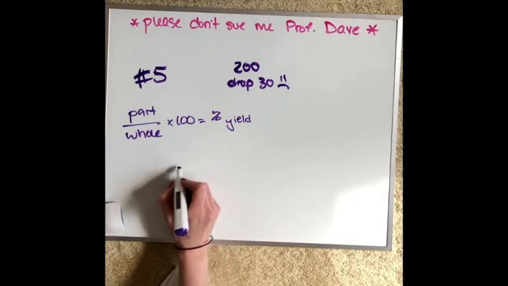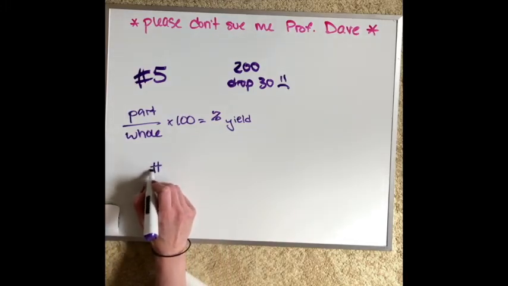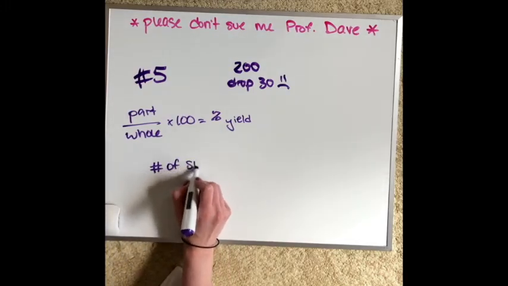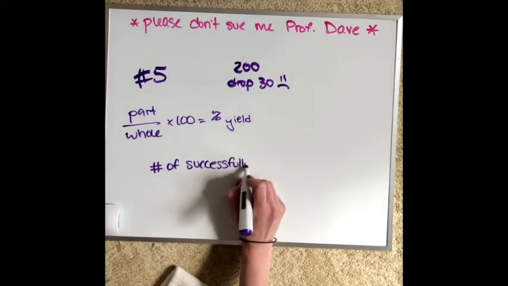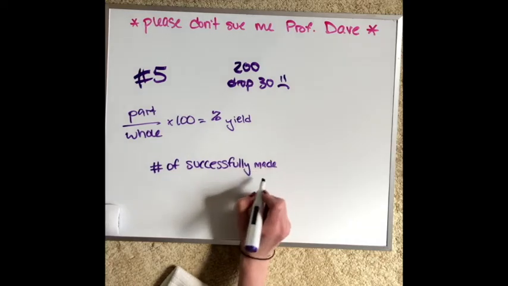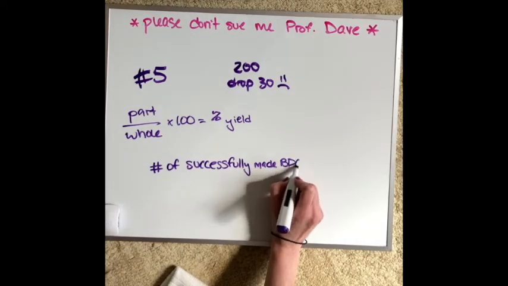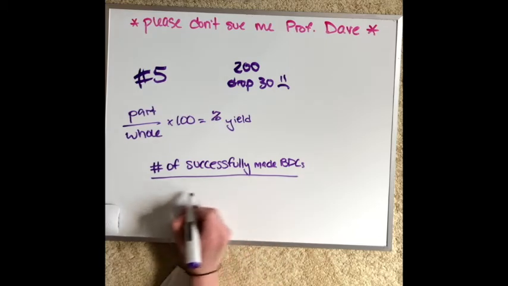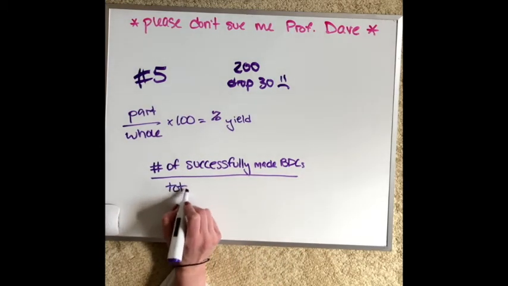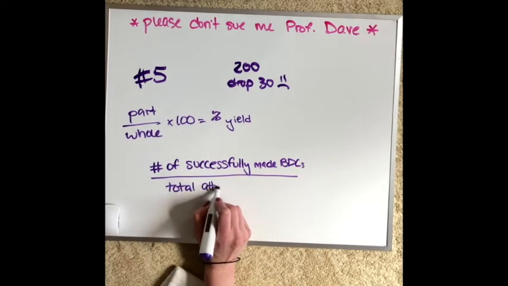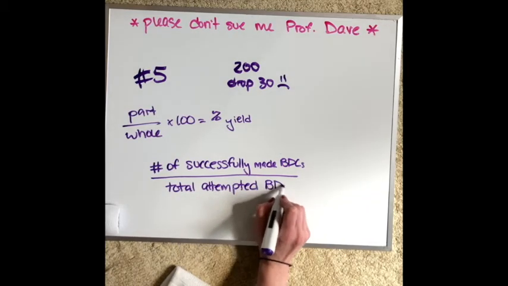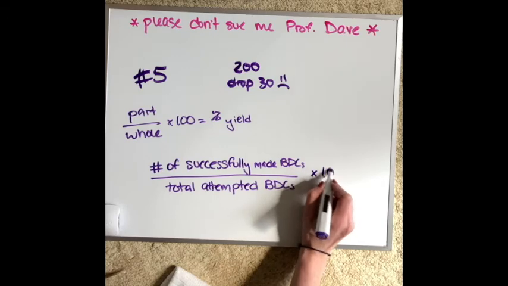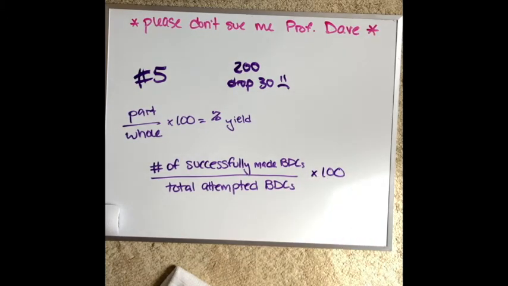So my part is going to be the number of successfully made bacon double cheeseburgers. My denominator is going to be the total attempted BDCs, times 100. Okay, I'm not going to do the math, that's up to you, but that's the setup.